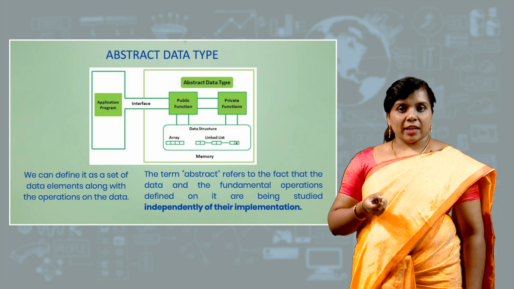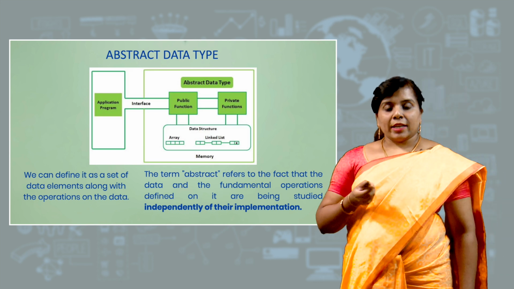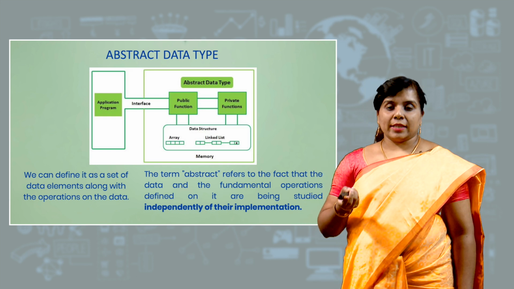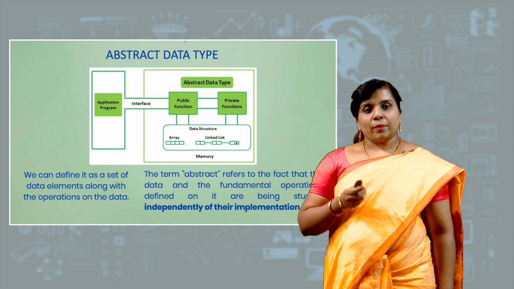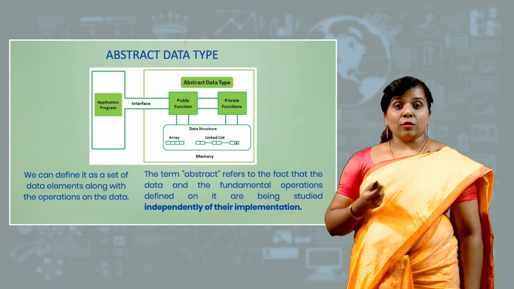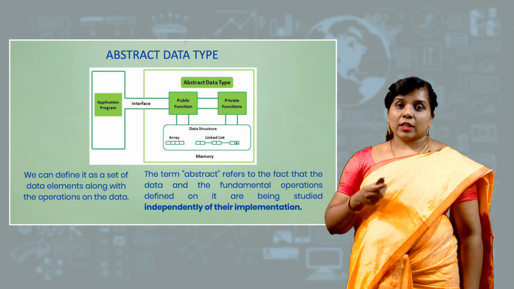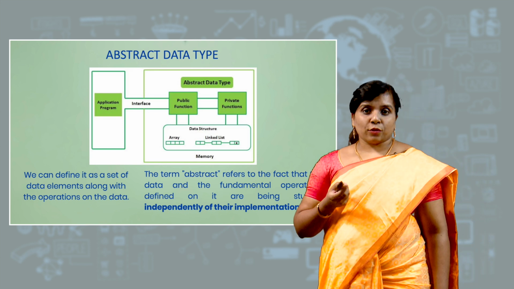Let us imagine that first of all we have used arrays for implementation. If at a later point of time I think of adding one more field to the already existing employee item, or if I want to move from array to linked list, then I may have to bring in a lot of changes in each of the functionalities or the operations. So, implementation wise it is going to bring in a lot of changes.